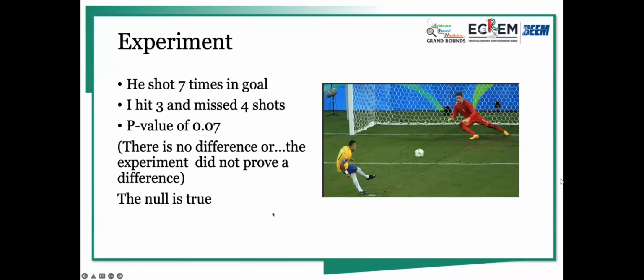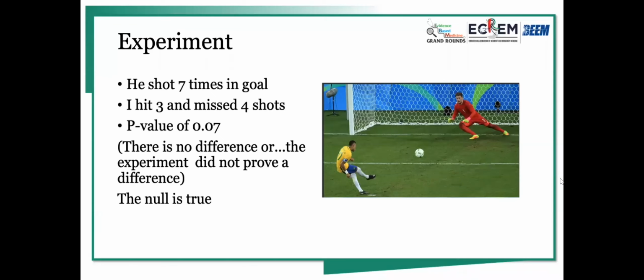My p-value is 0.07. Okay, so he shoots 7 times in goal and gets all 7. I hit 3 and I miss 4. I want to know if this is statistically different. What are the odds that these findings are due to chance alone?